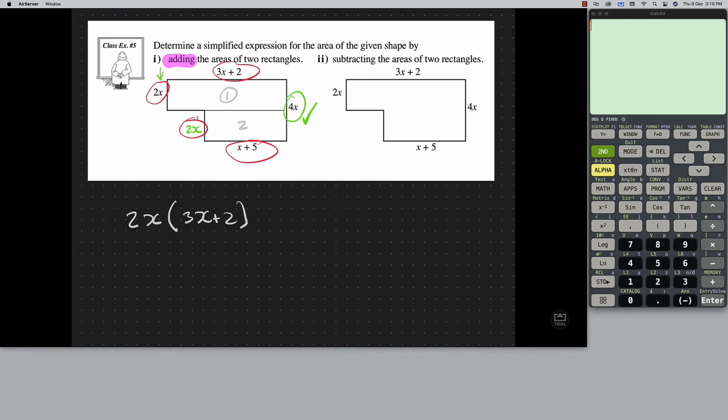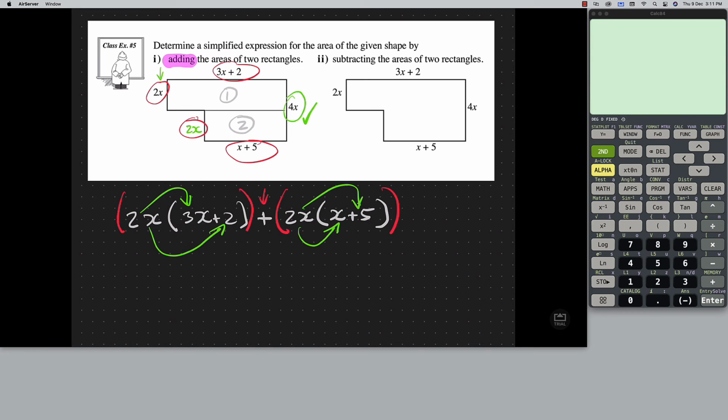For the bottom rectangle, we're going to add 2x times x plus 5. Now, what I'm essentially doing is adding that to that right there. Because it's an addition, I'm not going to have to change any of the signs, so it's a lot simpler in this case. But I still do need to distribute to both terms there and there.